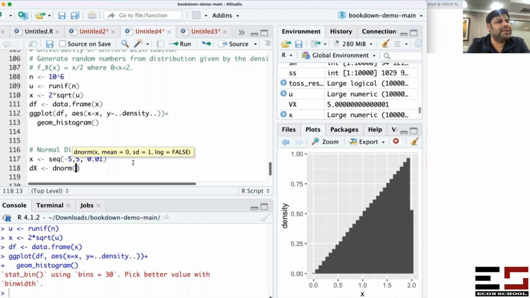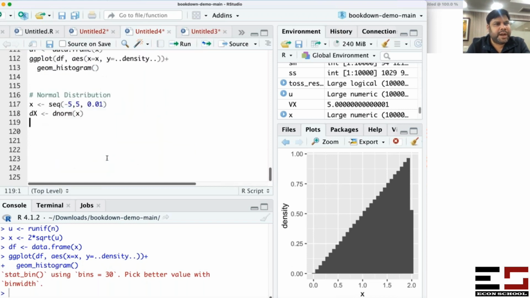You can see the default is standard normal, so you don't have to specify the mean and the standard deviation, because that's by default standard normal. Of course, if you want to do it for some other normal distribution, you have to specify the mean and the standard deviation. But because we are using standard normal only, we don't have to do that. So dx is dnorm of x.